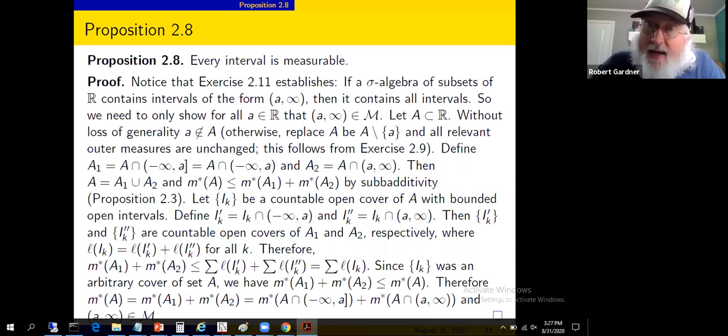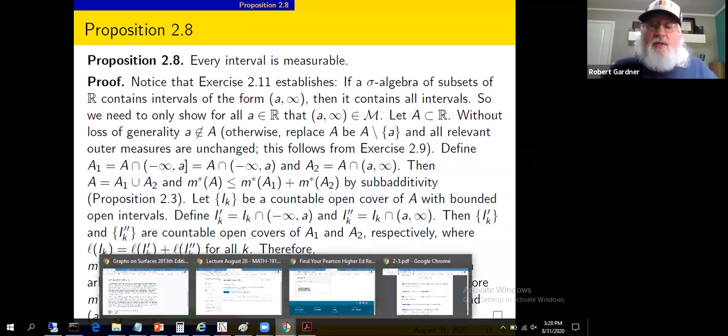Once we showed we had an algebra or a sigma algebra, then if I could demonstrate some kind of little set of real numbers is measurable, then I know all sets like that are in the sigma algebra. If that tells me something, that's useful. That does tell me something in this case.